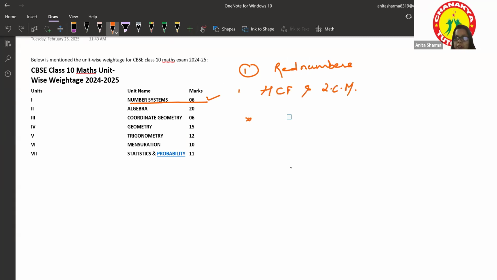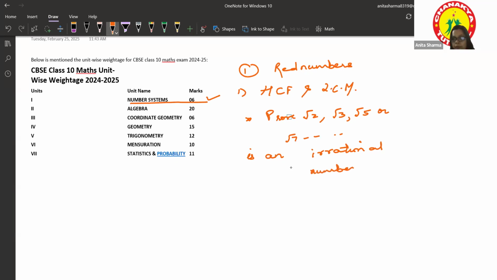The second question will come from this chapter only: how to prove that root 2, root 3, root 5 or root 7 is an irrational number. This type of question will come in your board exam 100%. So two questions will come from this chapter, and the weightage of this chapter is 6 marks only.